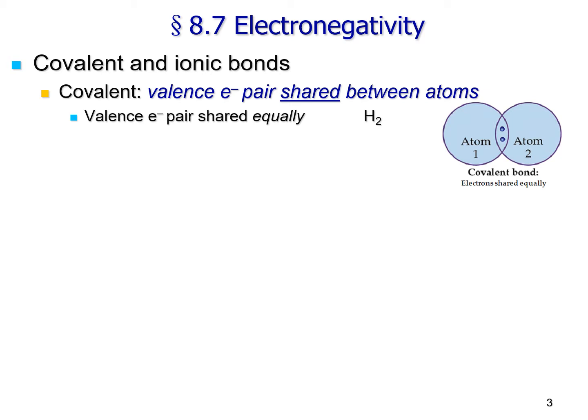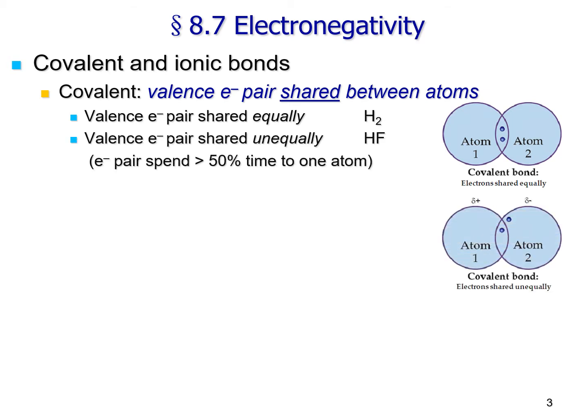So we can imagine that the pair of electrons is going to stay right in the middle, 50-50. They do not go over to one atom, because the moment they go too close to atom 2, atom 1 will take those electrons back right in the middle. This is the scenario where valence electrons are shared equally.